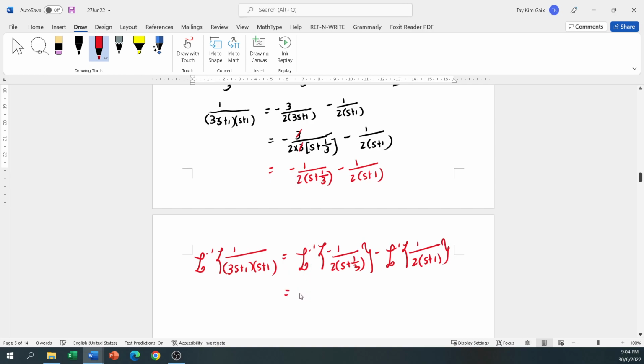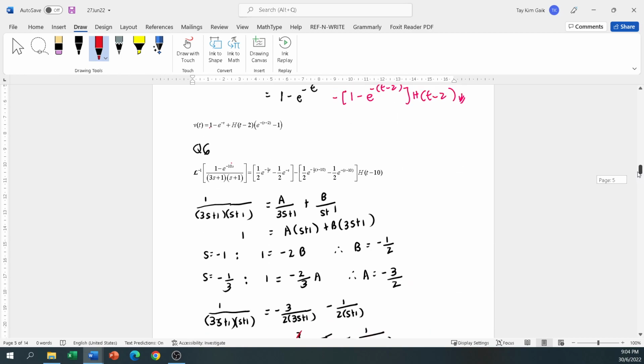We factor out negative half: the inverse Laplace of 1 over (s plus 1/3) is e^(-t/3). Then for the second term, factor out half: the inverse Laplace of 1 over (s plus 1) is e^(-t).